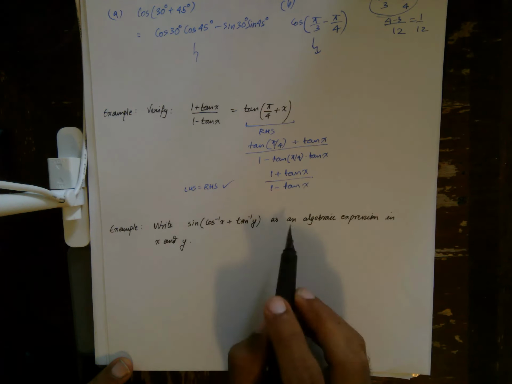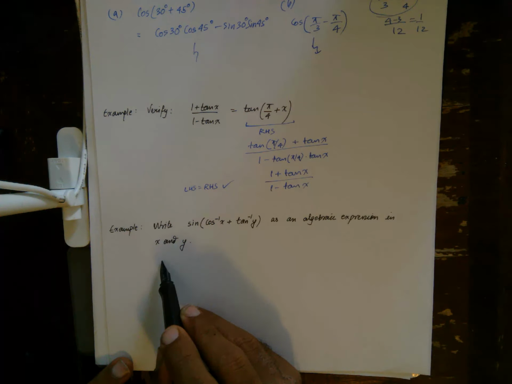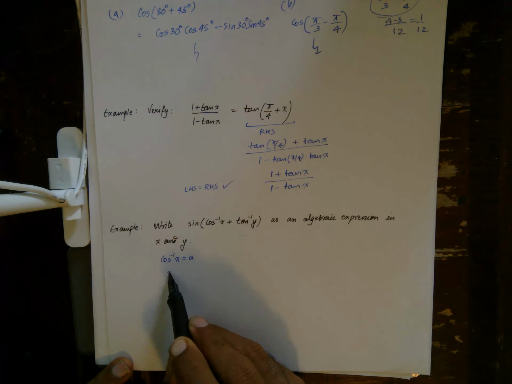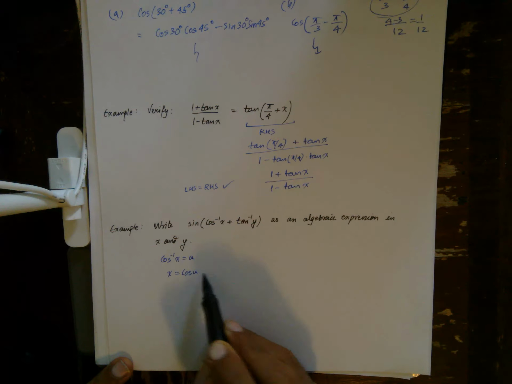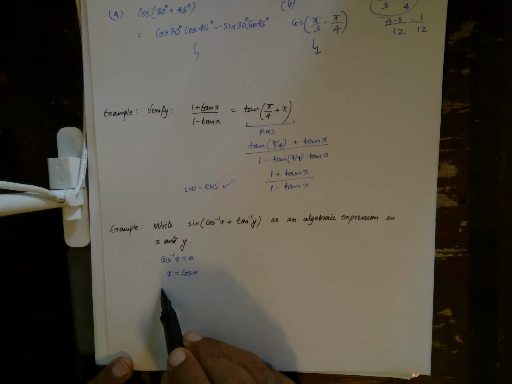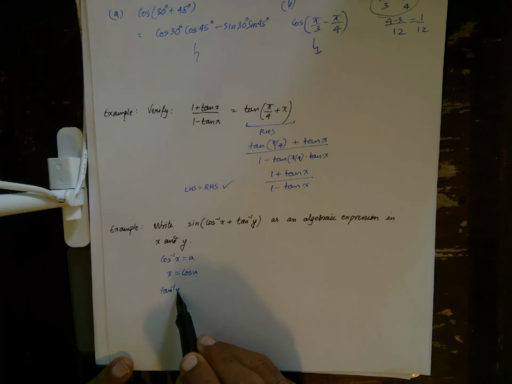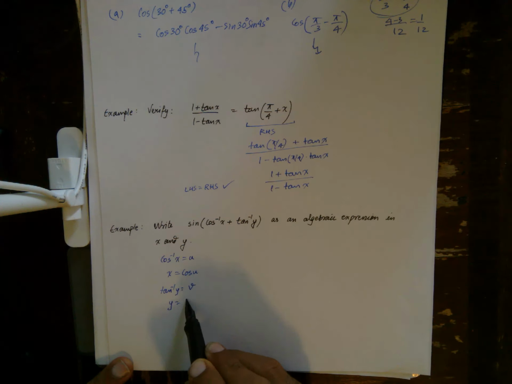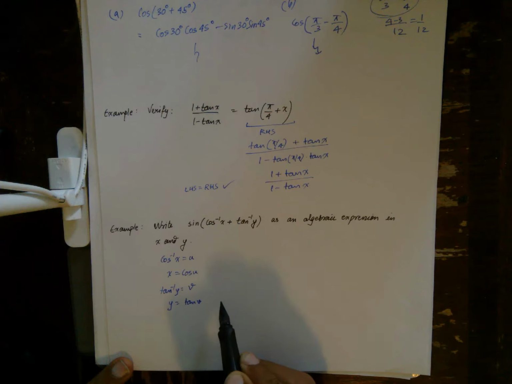So we're going to do something similar here. I'm going to let cosine inverse x be u, then I get x is cosine u, and I'm going to let tan inverse y be v, then y is tan v.